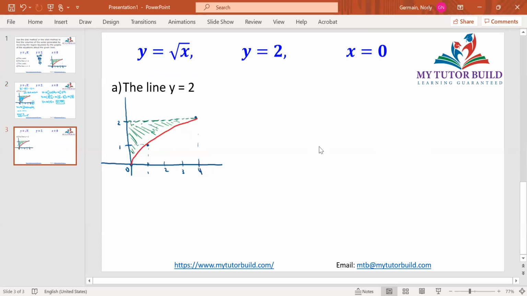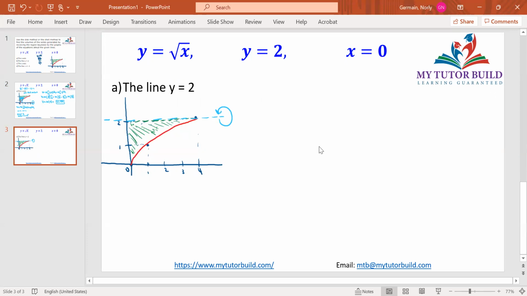Now, it tells us to do it when revolving around the line y equal to 2. So where is the line y equal to 2? This is it. If we revolve around that line right here, again, we see using the disk method, we're going to have a big empty spot that would make it more complicated to do.